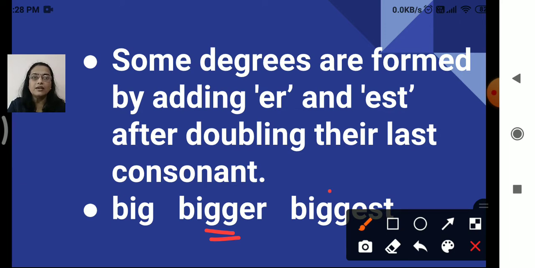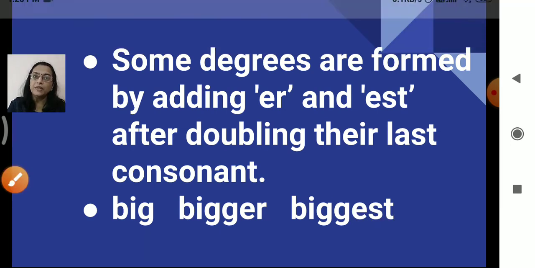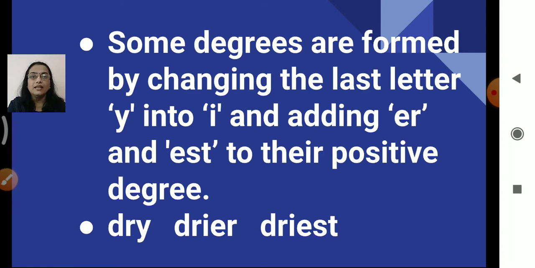In the same way, we have double g and est. So big, bigger, biggest. Then some degrees are formed by changing the last letter y into i and adding er and est to their positive degree.